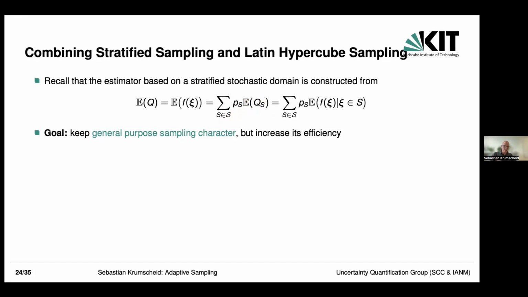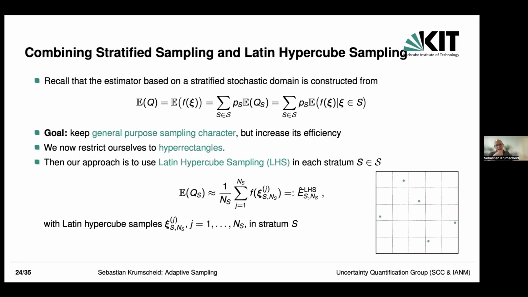So we want to keep the simple structure here, but hopefully come up with a way to increase the efficiency. The next logical variance reduction technique for us at some point was Latin Hypercube Sampling. Now in order to use Latin Hypercube Sampling, I'm going to sketch this in a minute, we're going to restrict ourselves for simplicity to hyperrectangles. So every stratum now is a hyperrectangle.